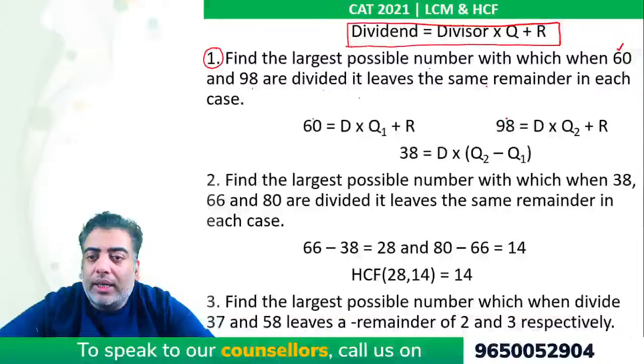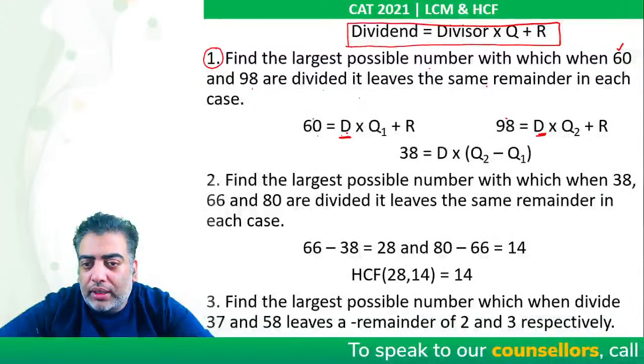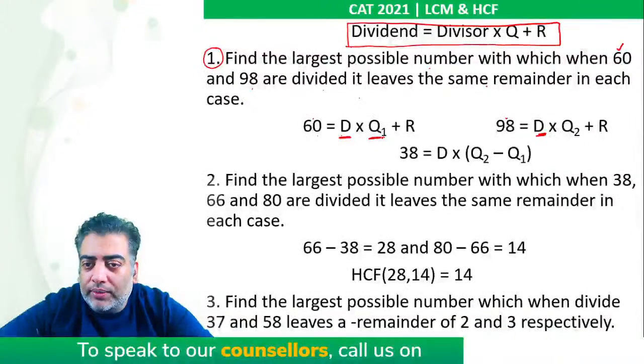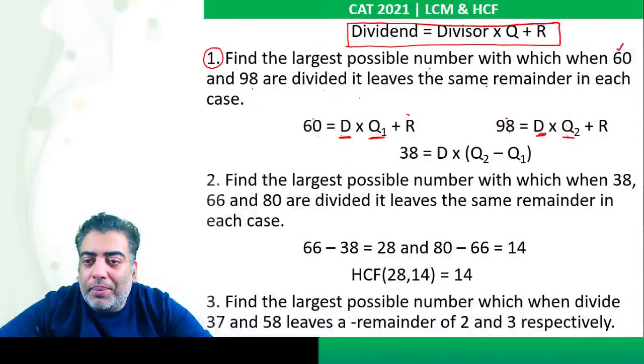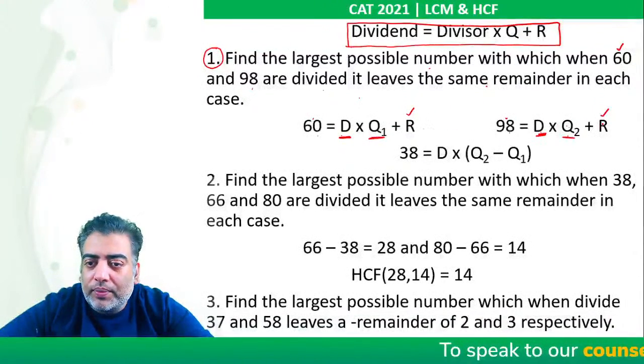They are divided by the same number, so I assumed it to be D. If I divide 60 by D, there will be some quotient that is unknown to me, so I wrote it as Q1. Likewise, when you divide 98 by D, the quotient must be something else, so I wrote it as Q2. But the remainder is the same in both cases, so I wrote it as R and R.